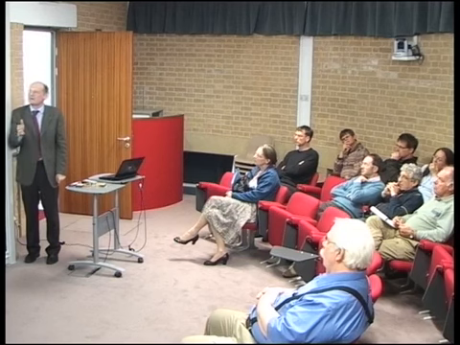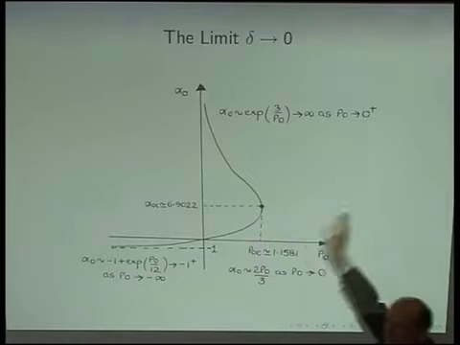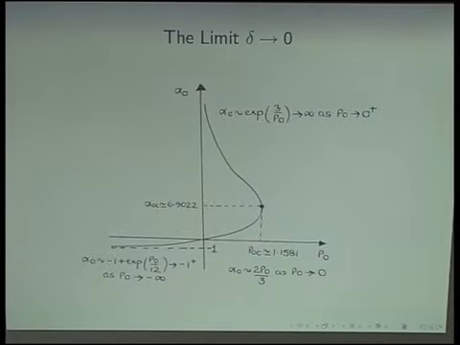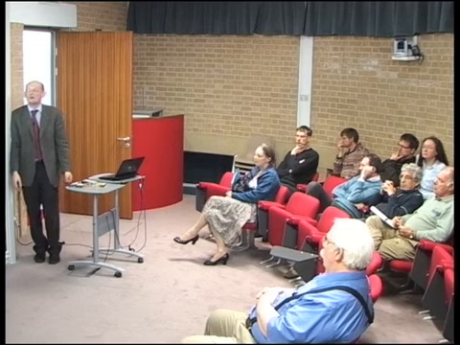We did do a problem different to this years ago with blowing on a drop, where we ended up with very similar kinds of behaviour. And there, one way of getting past the nose, if you like, was just to change the topology. In the case of a drop, the drop could split. You had a very similar kind of diagram, but a whole variety of solutions with different topologies breaking off from the nose.